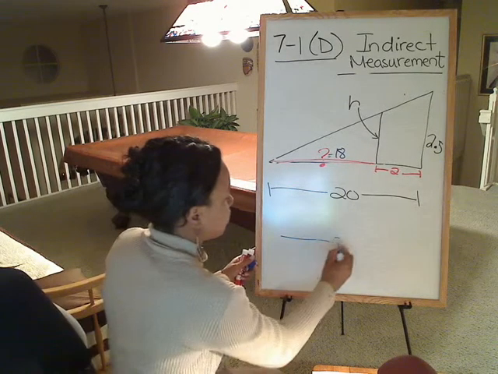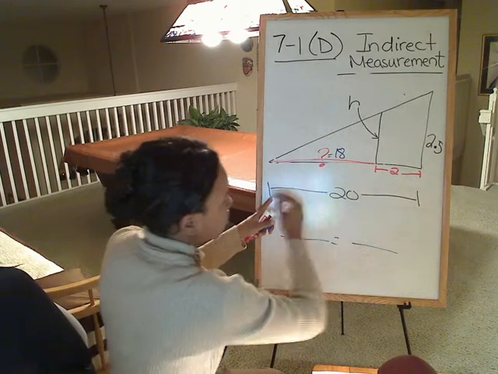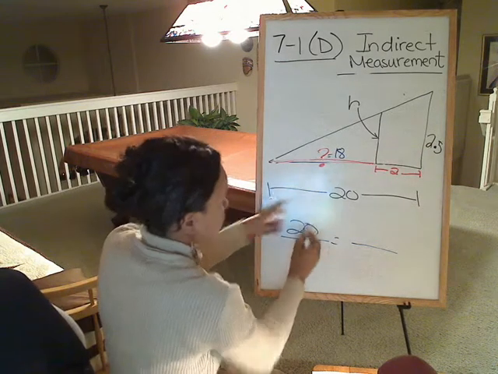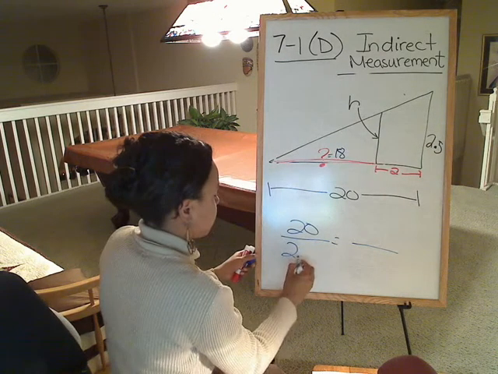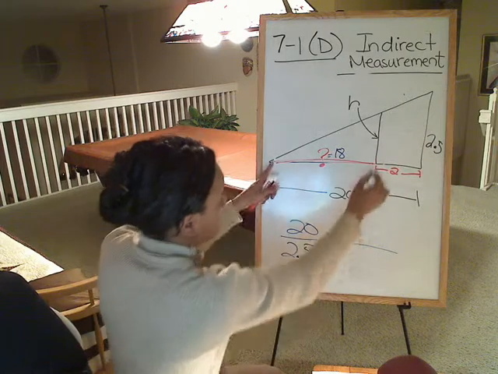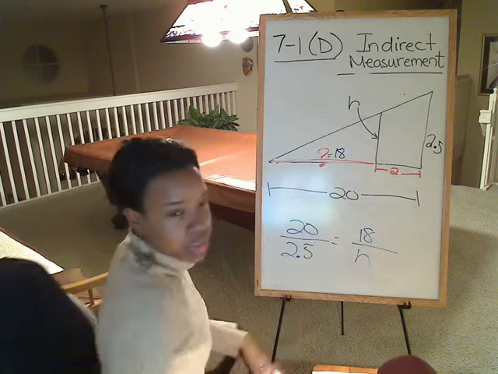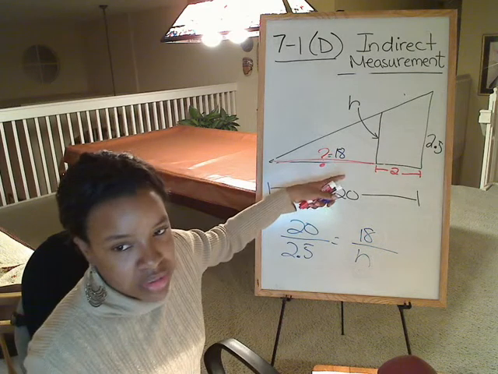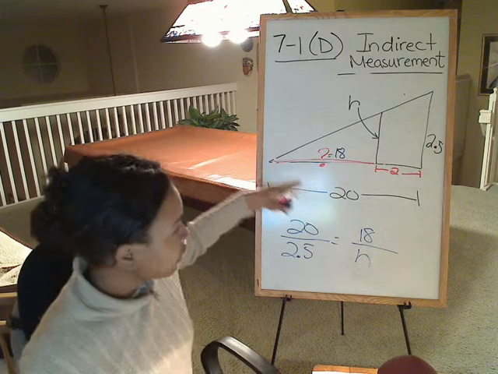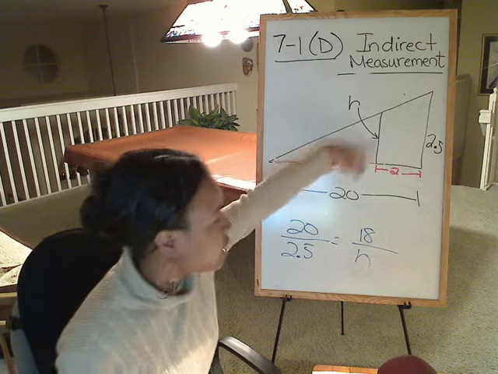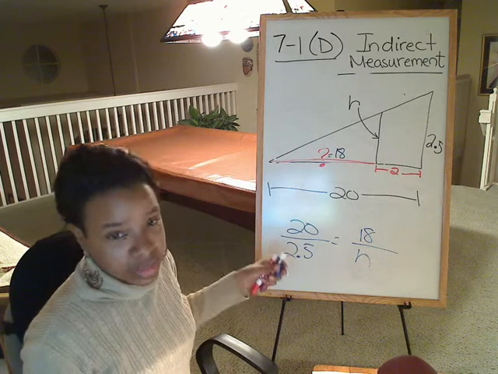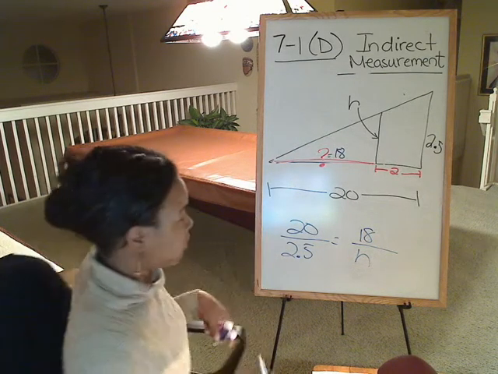When you set up your proportion, the big triangle, the base is 20, the height is 2.5. The little triangle, the base is 18, the height is h. See, if I would have put 2 in there, that would be wrong. That's not the base of the little triangle. So you got to be careful. You got to put the base in for the little triangle and then the height. You have to find the base for the little triangle first, though.